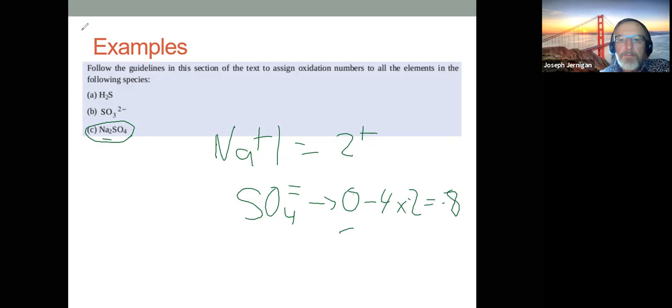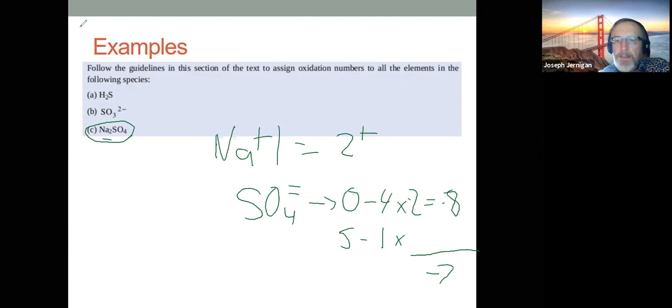And then sulfur is 1 times some number, X. No, I'm sorry, the sulfate has a -2 to balance the 2 sodiums.